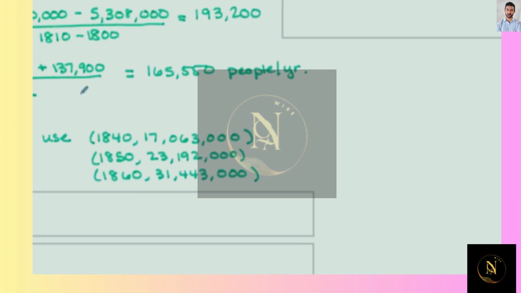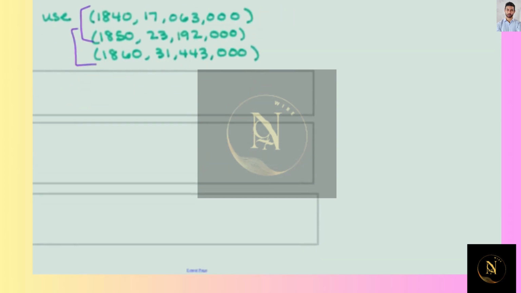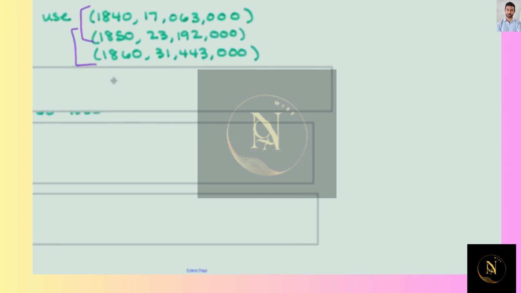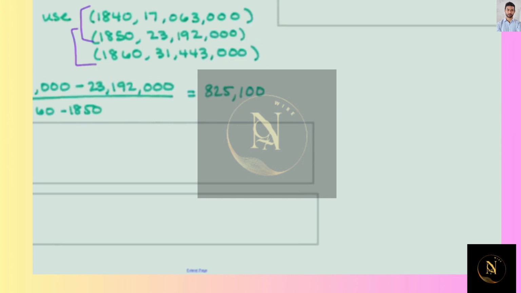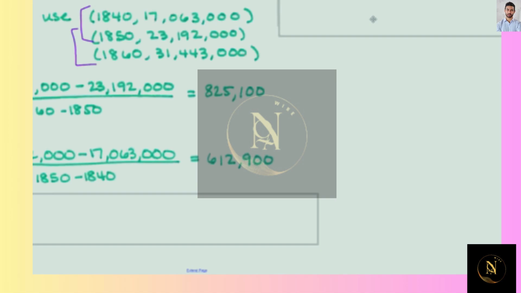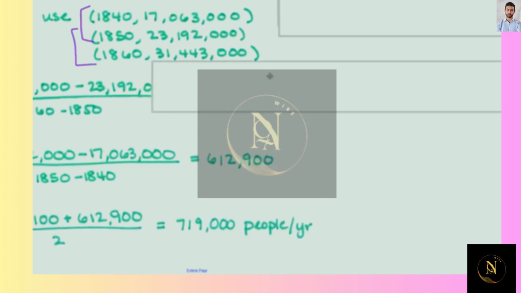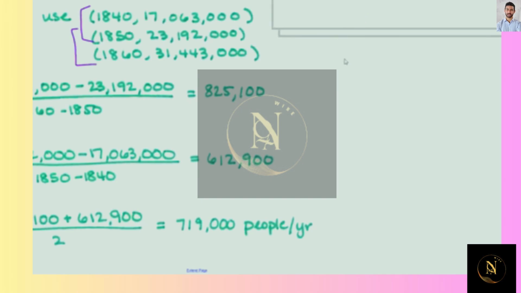Now we're going through that process again for the year 1850. So once again, I've taken three of the data points, 1850 and the point right before it. I'm going to find the slope of the secant line, and 1850 and the point right after it, I'm going to find the slope of the secant line, and then we're going to average those two slopes. So what we're saying is our estimate for the rate of change of the population in the year 1850 was 719,000 people per year.